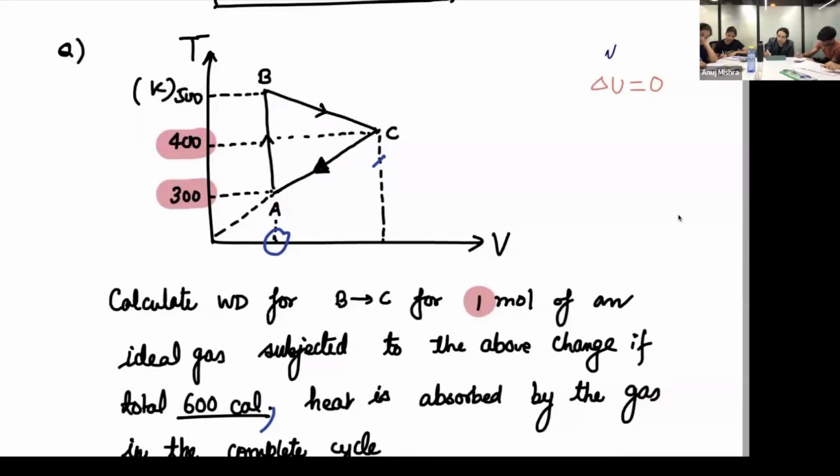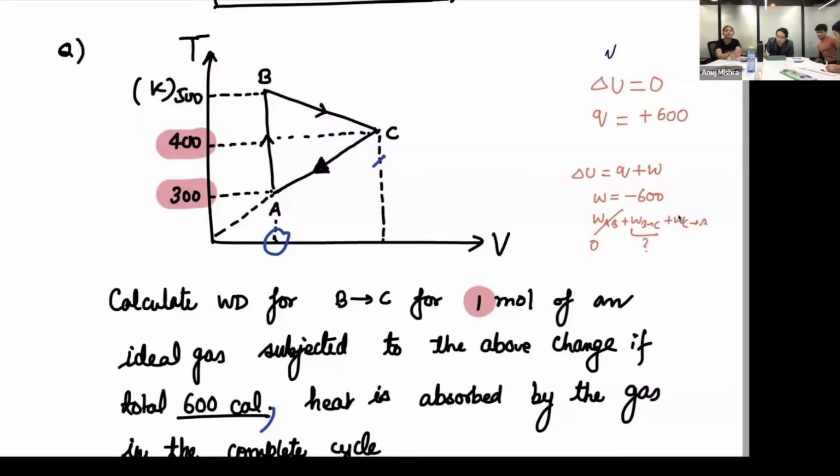For any cyclic process, delta U is 0. Q for the whole process is plus 600. Delta U is Q plus W, so W should be minus 600. Understood? Please write down. W is WAB plus WBC plus WCA. A to B was 0.